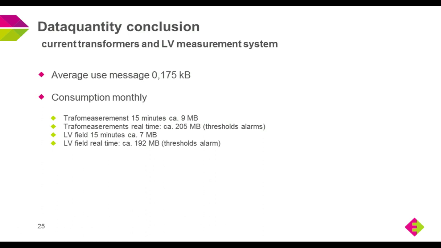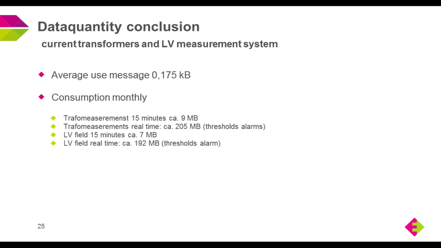Every message is about 175 bytes. That's not much, but we have a lot of measurements every 5 minutes. And when you do that for 1 month, you get 9 megabits.